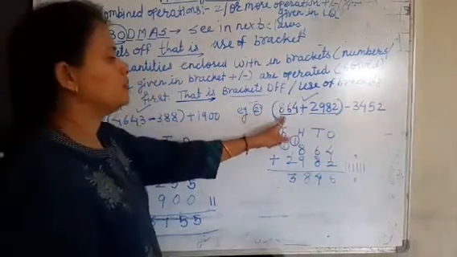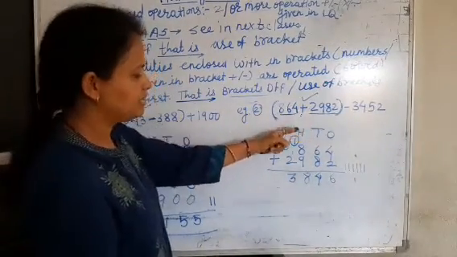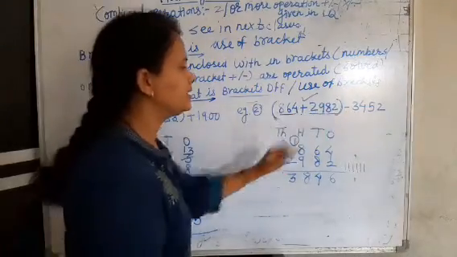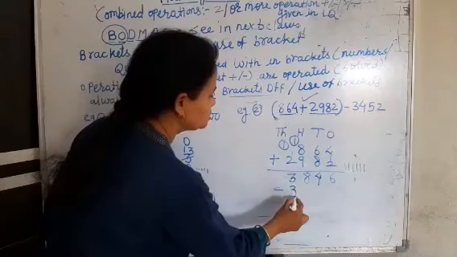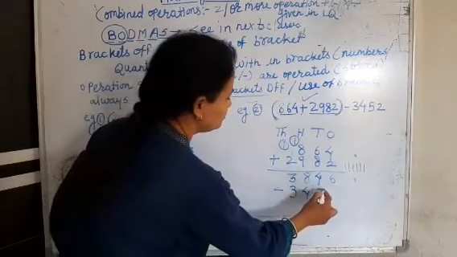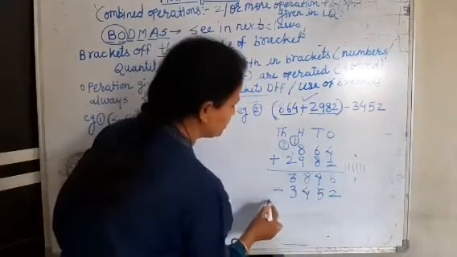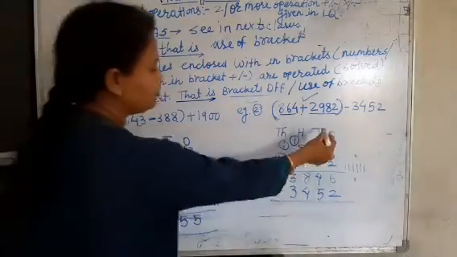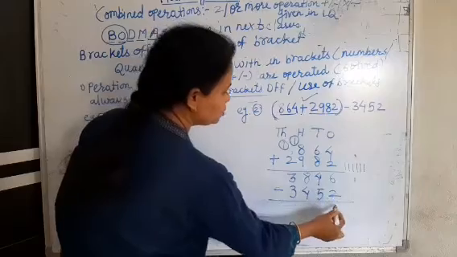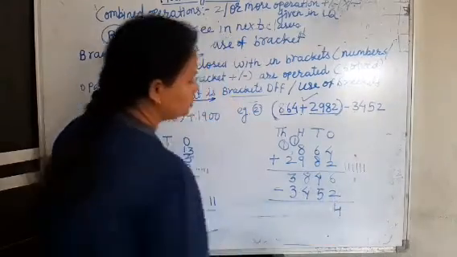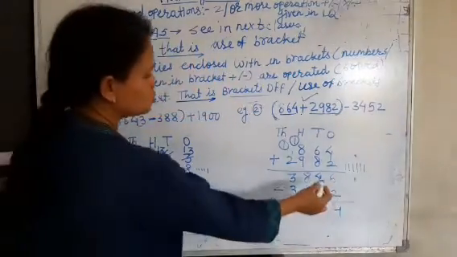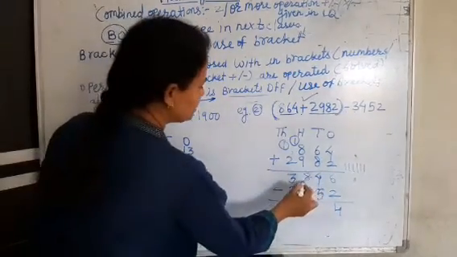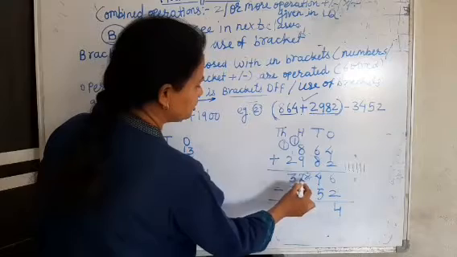So the addition in the bracket was solved by arranging it vertically. Now outside the bracket they have given us minus 3452. Now we will subtract. Always start from the ones column. 6 minus 2 is 4. Then 4 minus 5, we can't, so let us borrow from the next column.